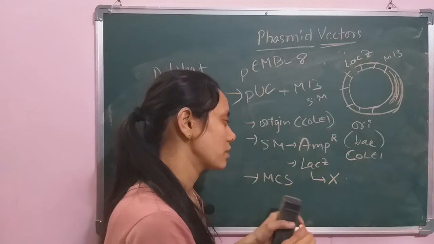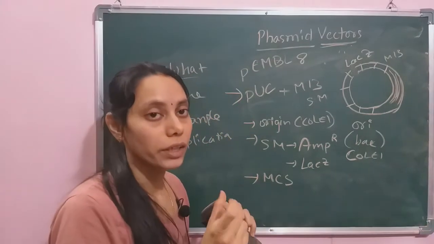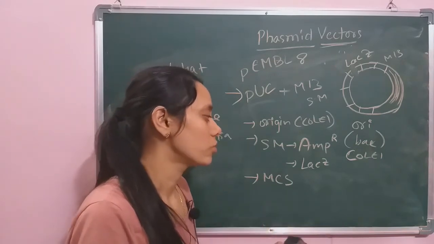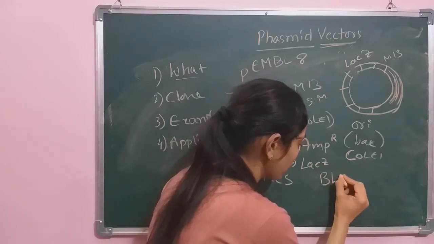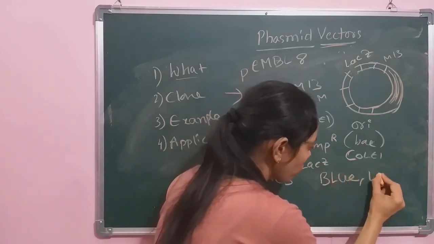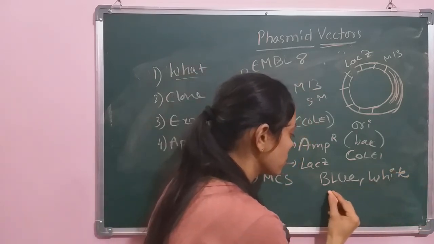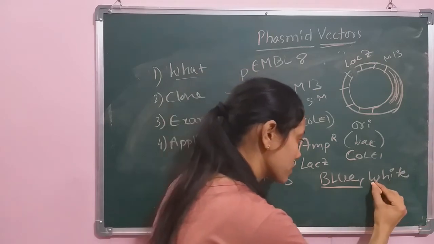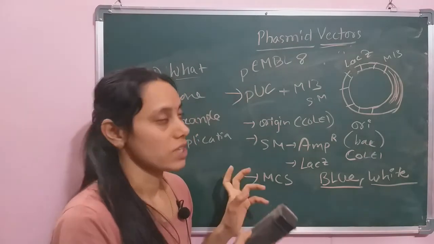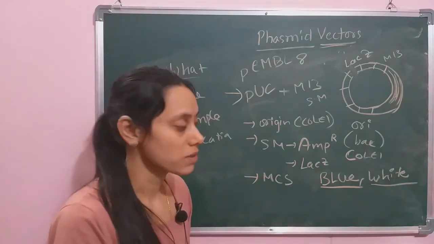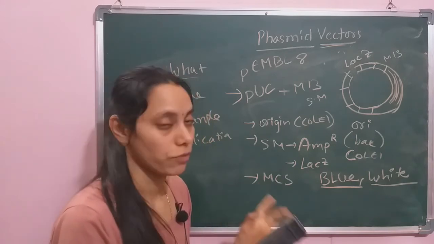And the recombinant vectors in which the target DNA is present cannot produce the blue color when the inducer is added into the media. So this is blue-white screening, that means non-recombinant cells will be blue in color and recombinant cells will be white. This blue-white screening is helpful to select the phasmid vector containing bacteria, and plaques will be formed because of the phasmid infection.